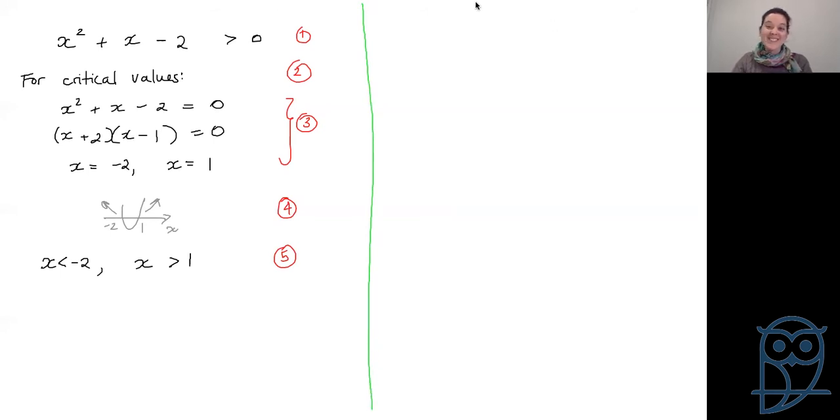Let's do another one, something slightly different. Let's go for x squared plus 5x plus 6 less than or equal to 0. So again, the question is lovely. It's done our step 1 for us. It has given us happy quadratic related to 0.